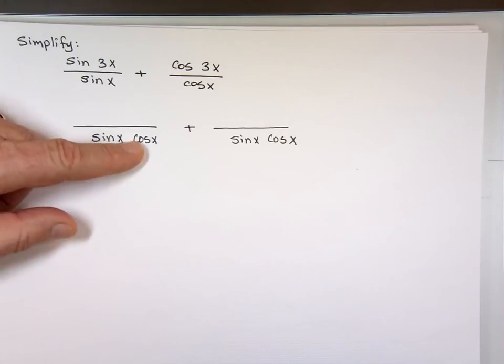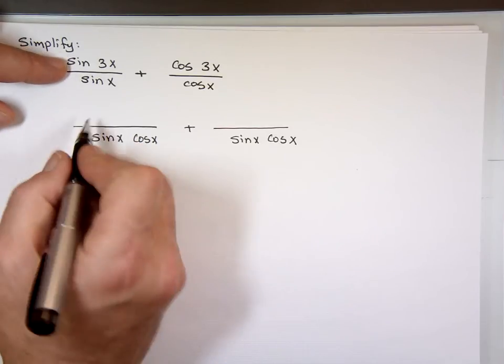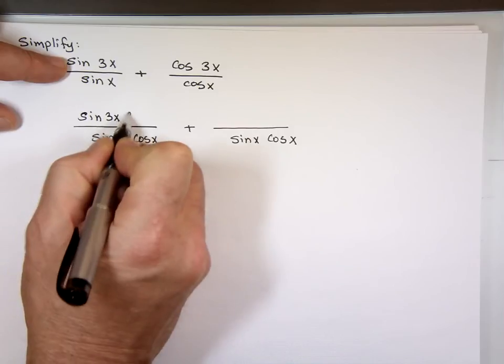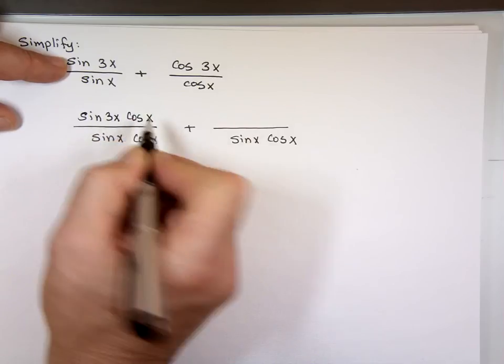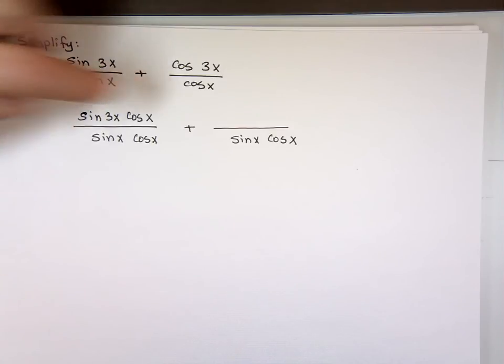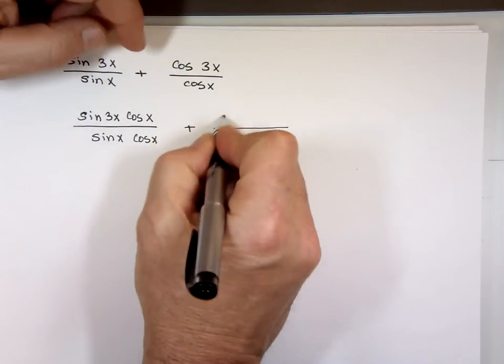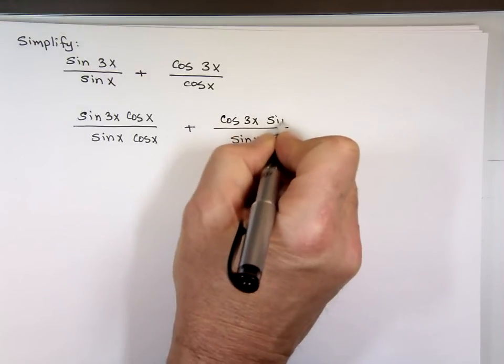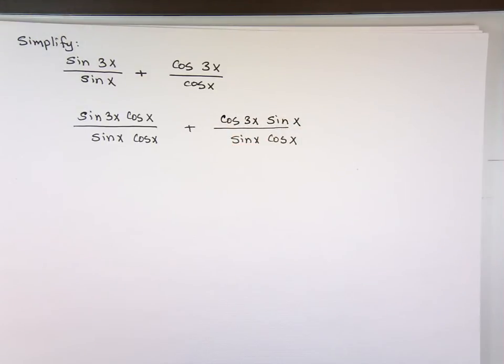So I will multiply the top with the cosine. So sine 3x cosine x. This one is missing the sine. That would be cosine 3x sine x. It doesn't look promising yet.